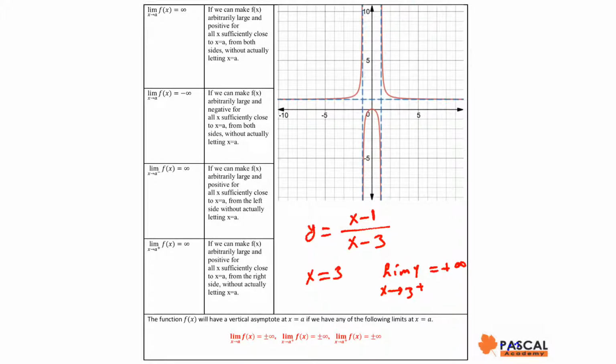And when x approaches 3 from the left side, the limit is negative infinity. A little bit less than 3, let's say 2.9, the numerator is positive, the denominator is negative, the fraction is negative. Therefore, the limit is negative. x equals 3 is the vertical asymptote of the function.